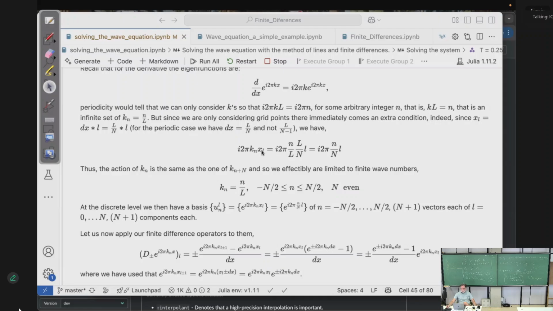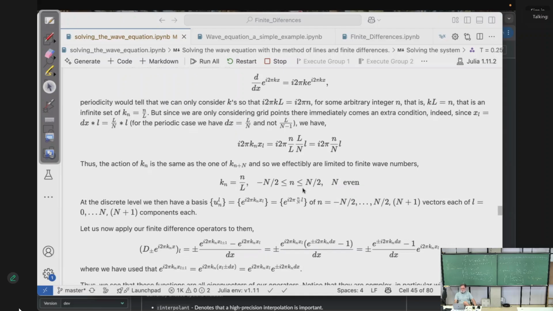We have this relation, x_l is this, which you can write like that, and so this is an integer. So the actual k_n that you can take, which are independent, are those with n going from minus n over 2 to n over 2. You can shift this if you want, from 0 to n, but this is the customary choice of the basis.